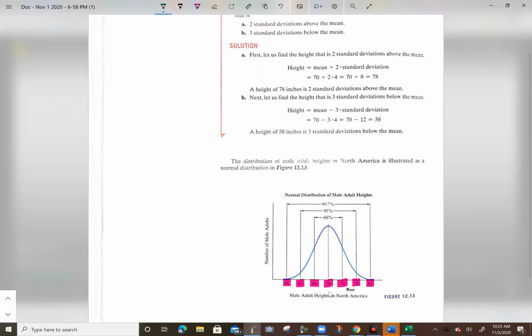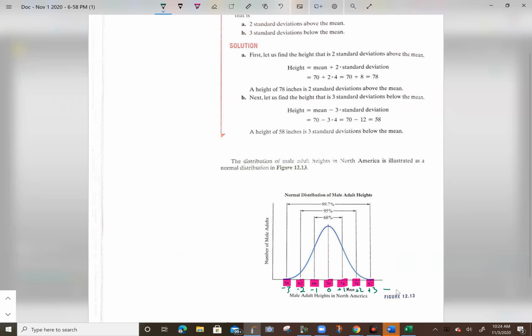+1. So 70 is 0. That's our mean. 74 is plus 1 standard deviation. 78 is plus 2 standard deviations. And 82 is plus 3 standard deviations. 66 is minus 1 standard deviation. 62 is minus 2 standard deviations. And 58 is minus 3 standard deviations.